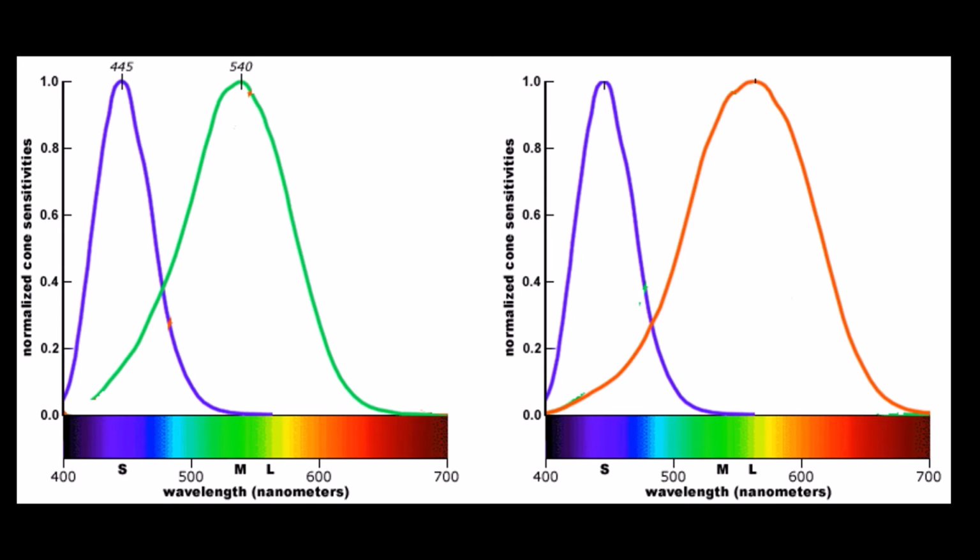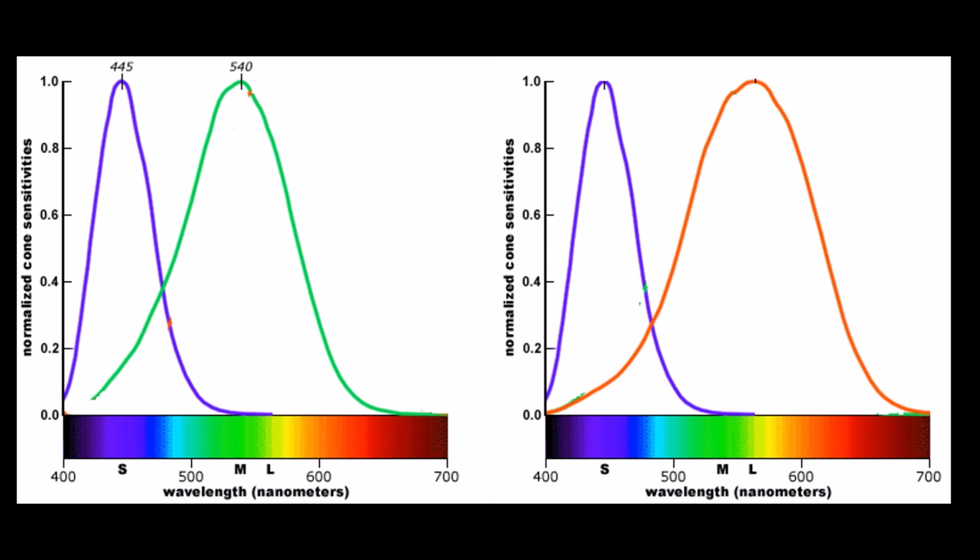But once you get above about 530 nanometers, the short wavelength receptor essentially no longer detects light, and so above that wavelength, only one receptor is being stimulated.